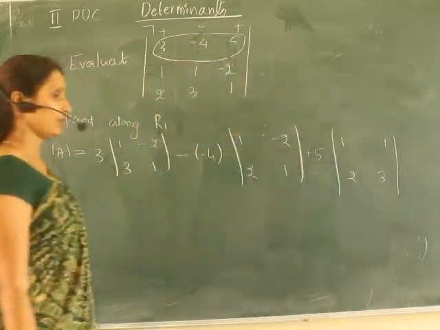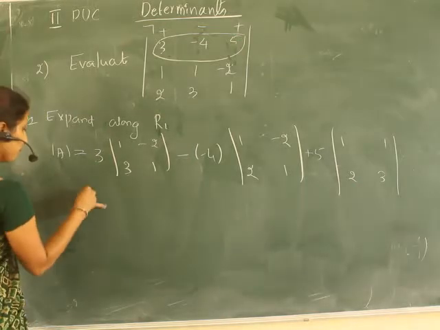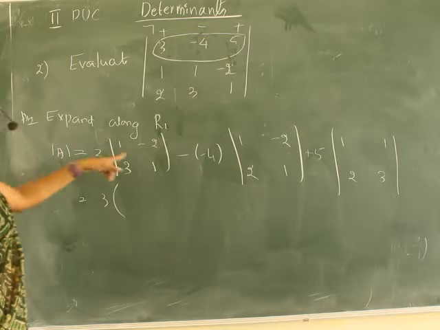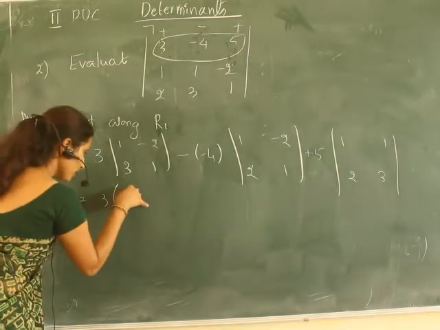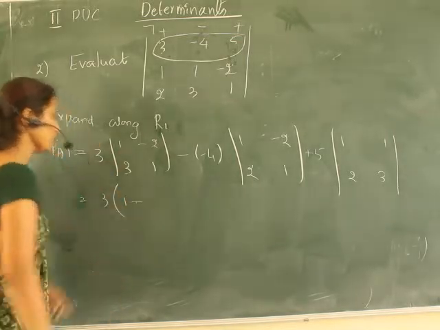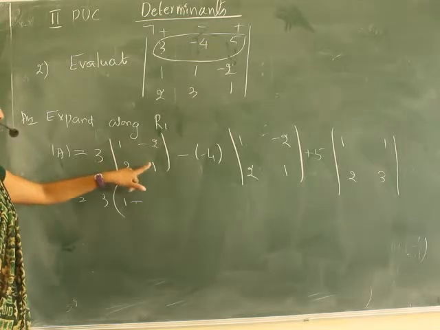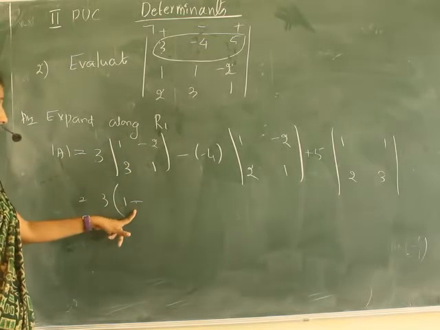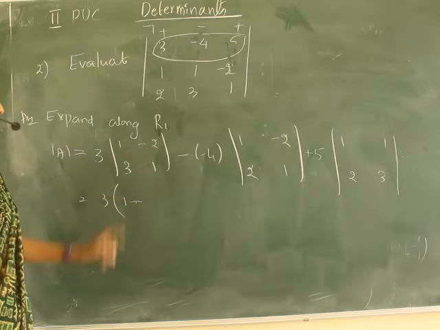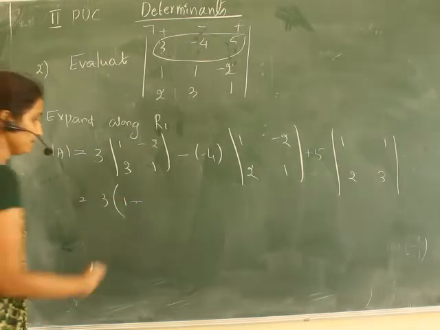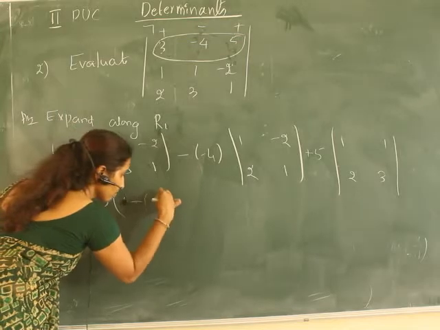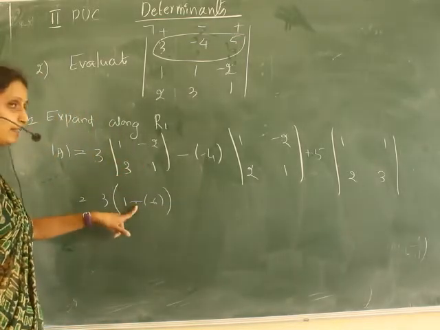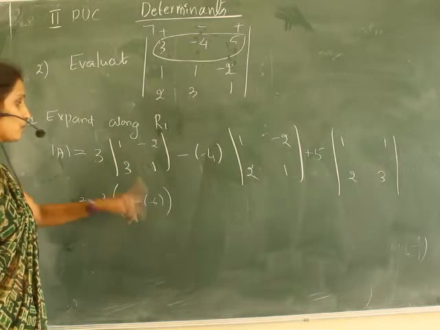Now if I simplify, this will be 3 into 1 into 1 is 1, minus, 1 into 1 is 1, minus 3 into minus 2. This minus is from the determinant, and 3 into minus 2 is minus 6.